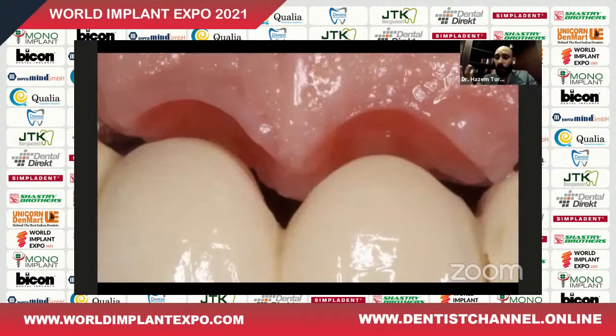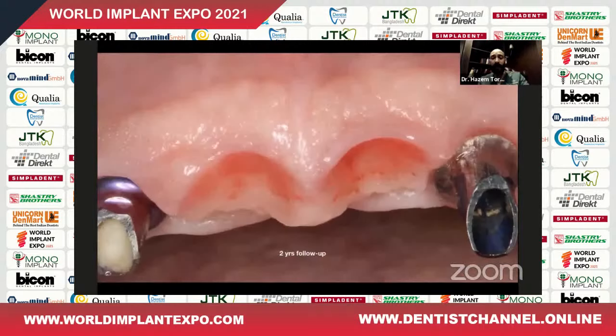The same thing goes with ovate pontics. Once you remove a bridge with an ovate pontic, you see a bleeding surface on the buccal tissues. This is because you cut the adhesion that was there, and that's why you see those bleeding points. This is after 2 years of follow-up where the bridge was in place.